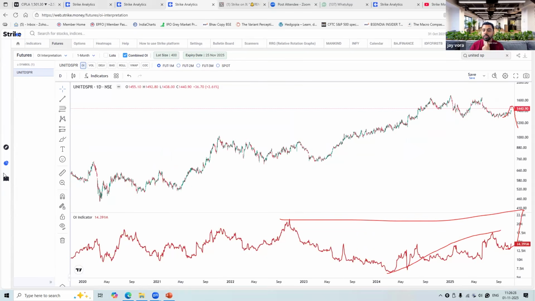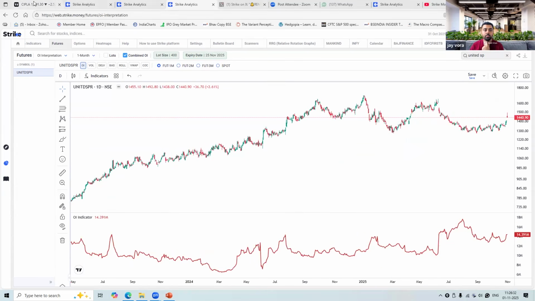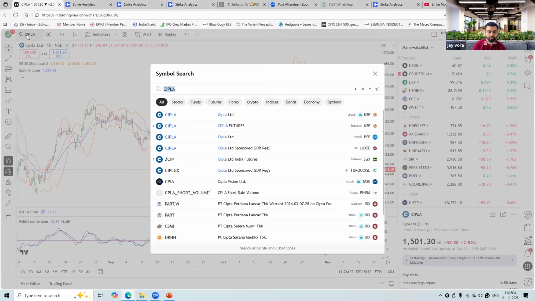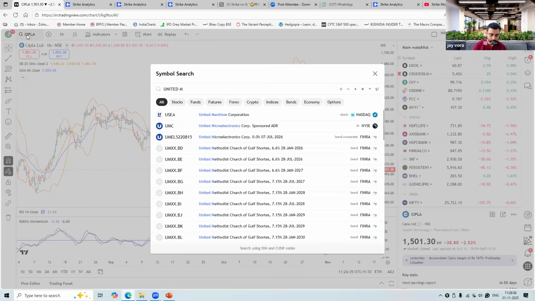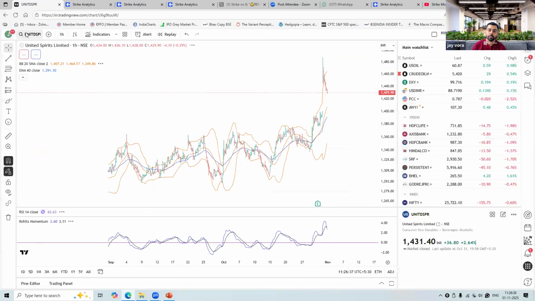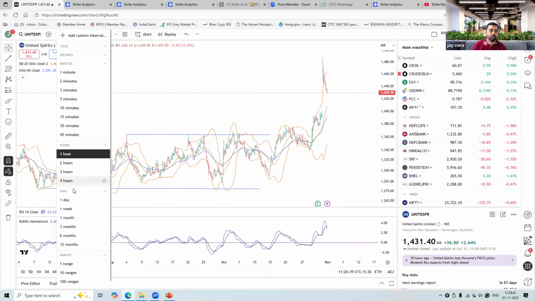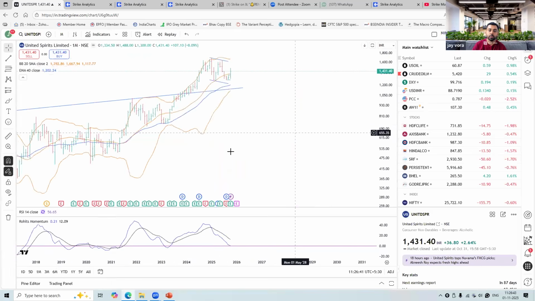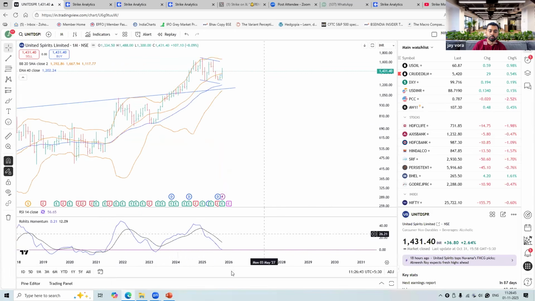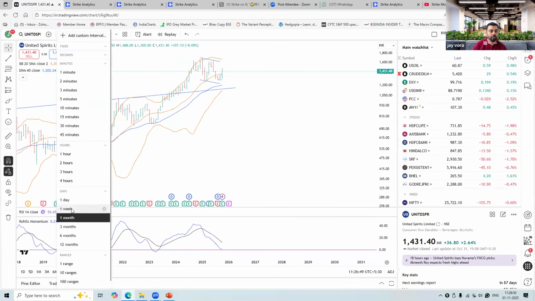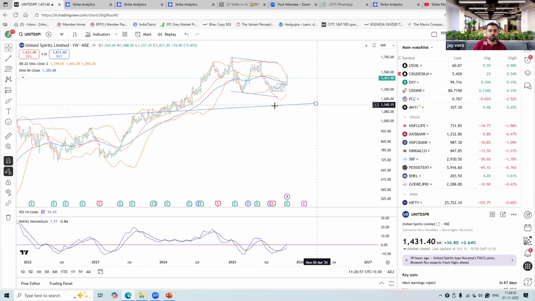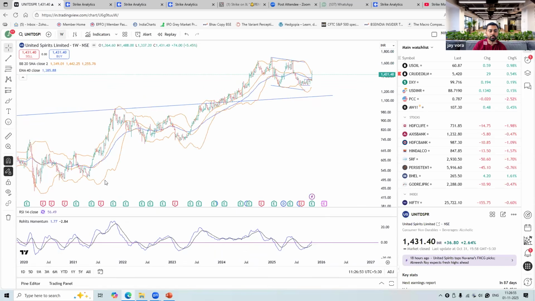And actually, why this stock looks a little more interesting is because if you see the monthly chart, the RMI has almost come back towards the lower end over here. Yeah, it was monthly only.